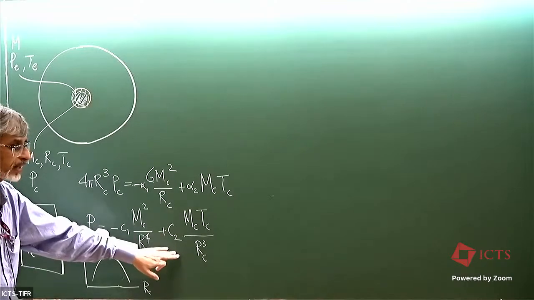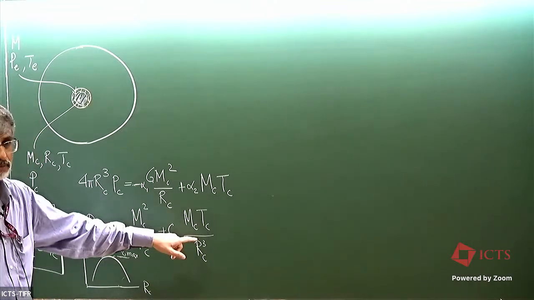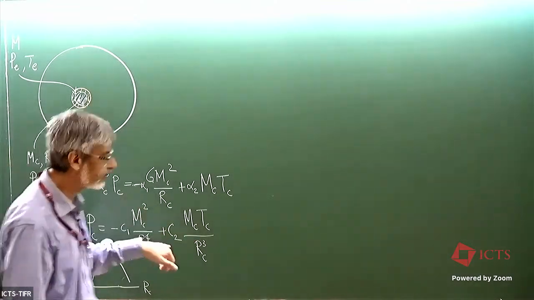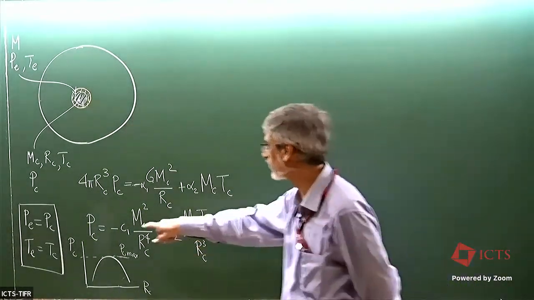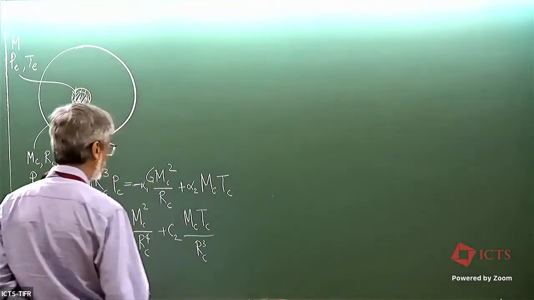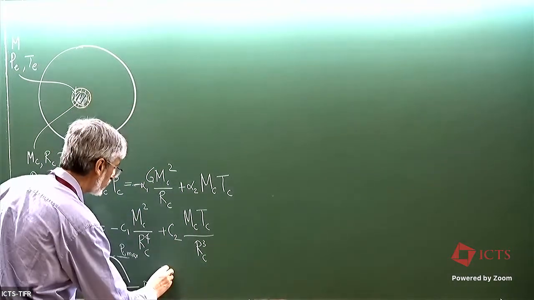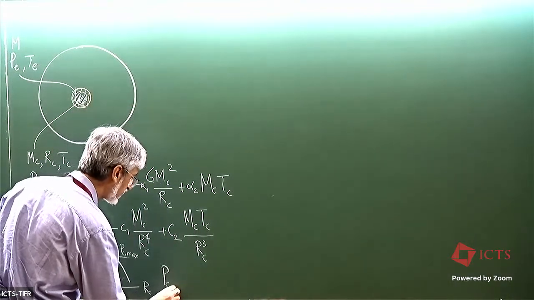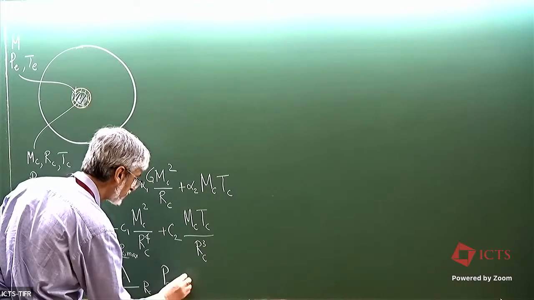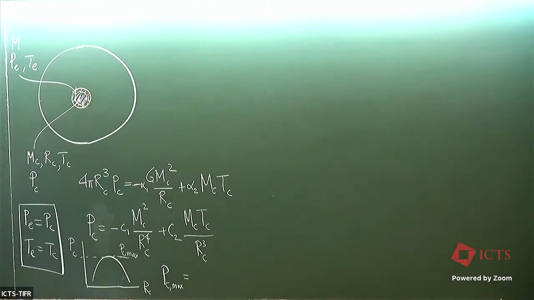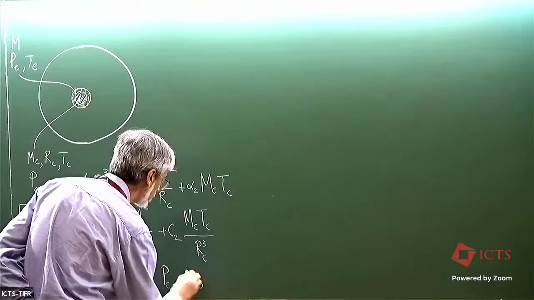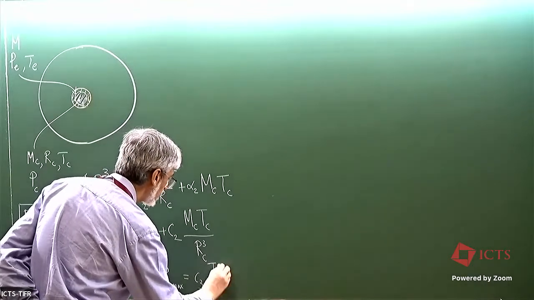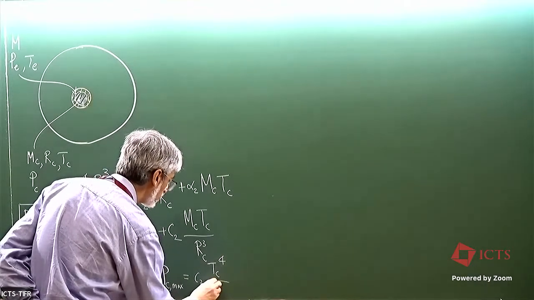One can get that maximum by differentiating this expression and then finding the value of rc, substituting back that value of rc into Pc, and then you will get a number. I will leave that algebra to you. Pc max is some C3 times Tc to the power of 4 by mc squared.